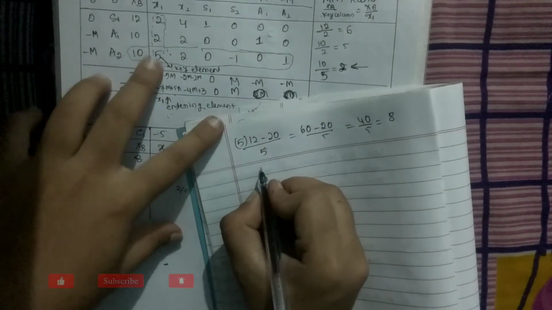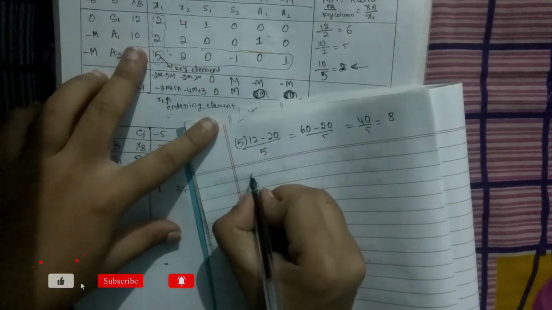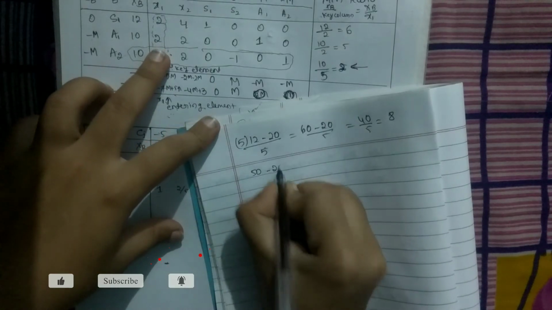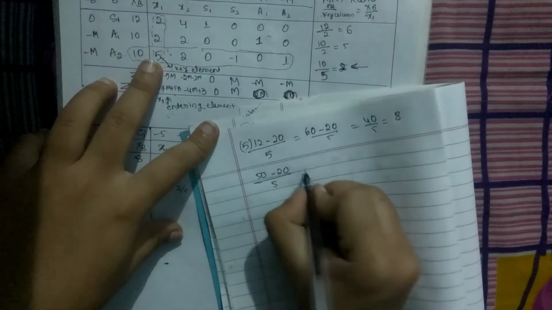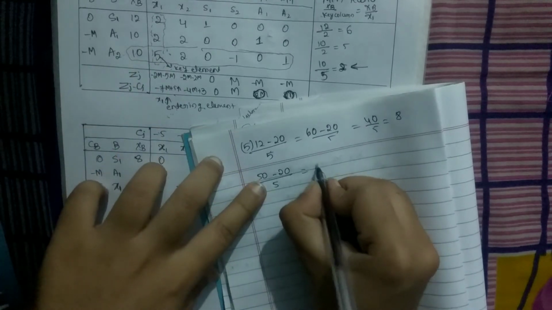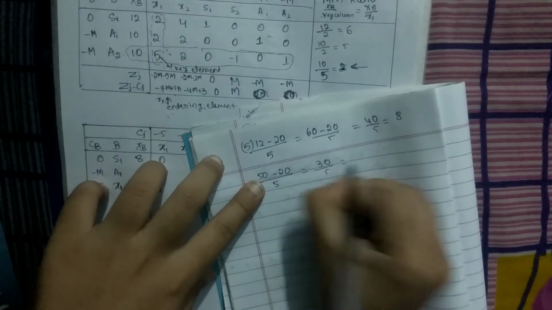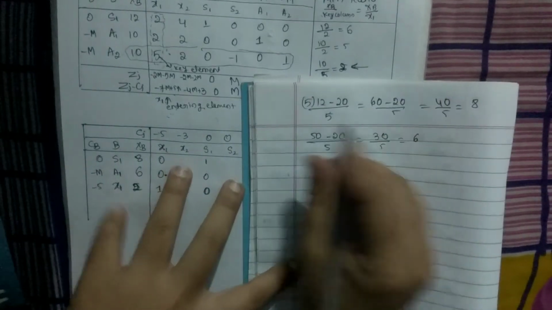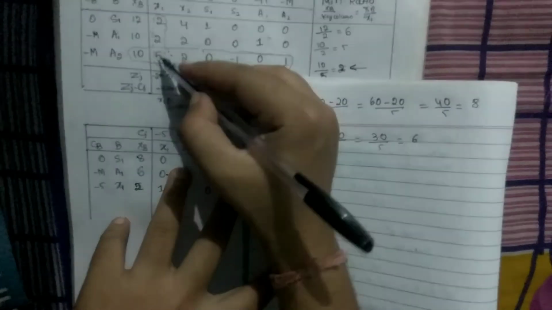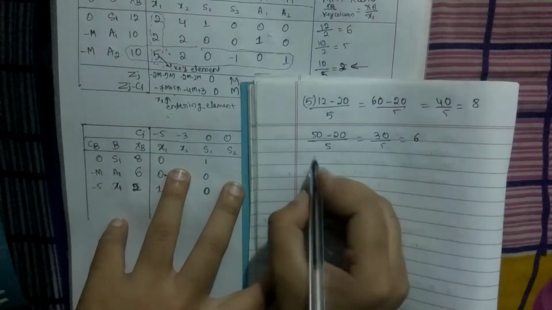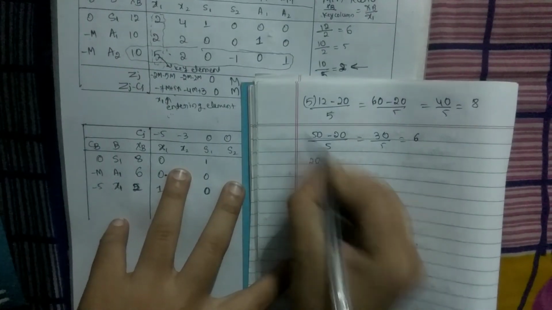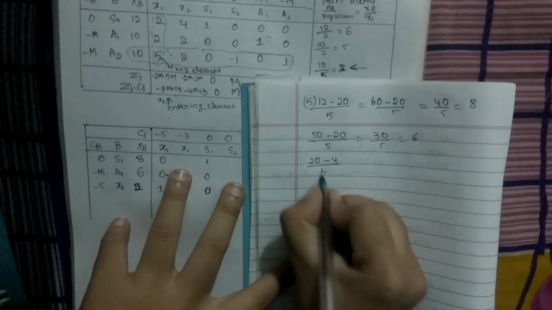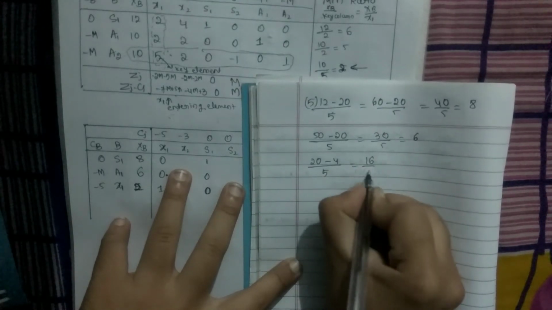Here also same, it is 10 into 5 is 50 minus 10 into 2 is 20 divided by key element is 5. 50 minus 20 is 30 divided by 5, that answer is 6. Next to find this place, 5 into 4, that is 20 minus 2 into 2, 4 divided by key element is 5, 16 by 5.